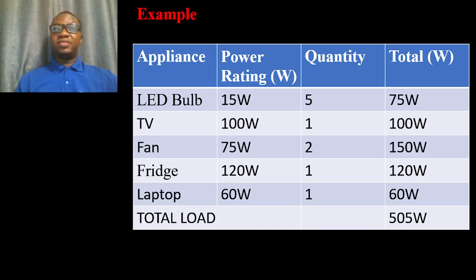Take for example, I am the installer, and these are all the appliances in the customer's house that the customer wants the solar system to power. You see there is LED bulb, TV, fan, fridge, laptop, and you see all their power ratings, the quantity, and at last the total load when you add all the powers together, it's 505 watts.